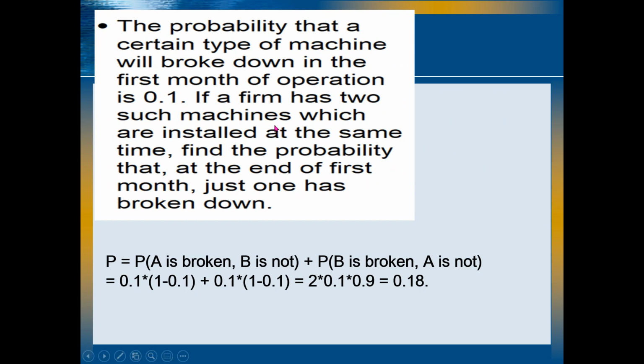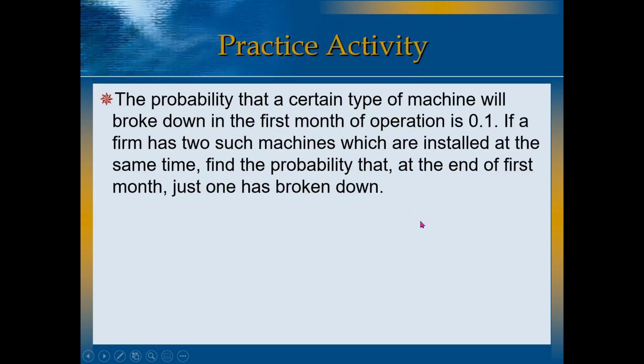Now if I focus again on this statement, that the two machines are installed at the same time, it's not the condition that either machine 1 is working or machine 2 is working. Both are installed at the same time.